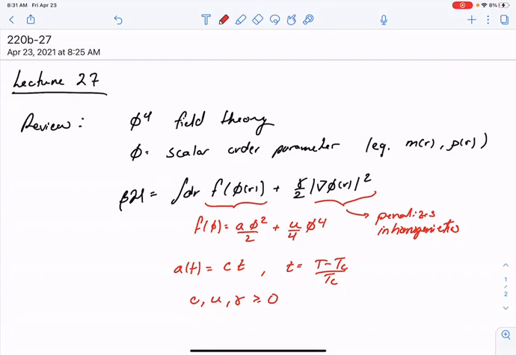We discussed a little bit of this in the small groups last week, that if U, for example, was not a positive number, the free energy could be minimized arbitrarily by increasing the field as large as it could go. So the field would become unbounded, which is not physical. So U, to truncate at fourth order, U needs to be positive.